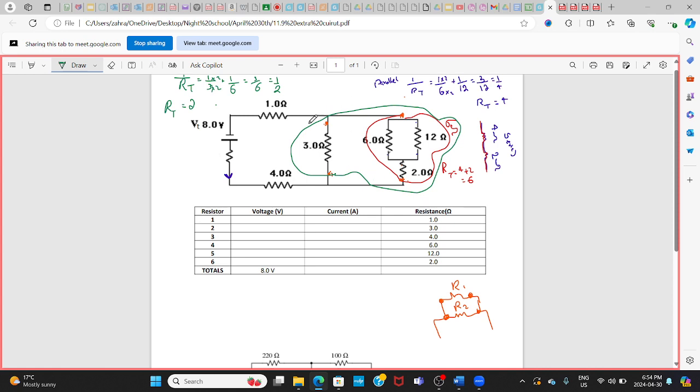Now I'm going to take the whole thing here, which is the 2, 1, and 4. Instead of that whole thing, I just put 2, and that's my circuit now. I have that 1 ohm, and instead of the parallel part I replace it by 2 ohm that I just calculated. And here is 4 ohm, right?